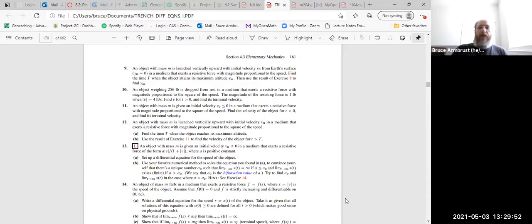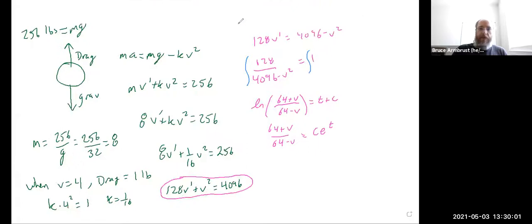Okay, so if it's dropped from rest, that means that v is equal to 0 when t is equal to 0. So if you put that in, you get 64 over 64 equals c e to the 0. So c equals 1.